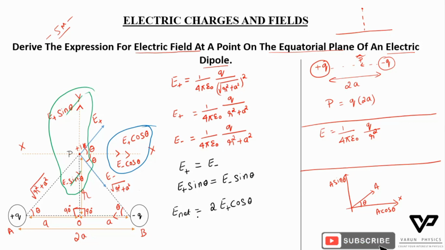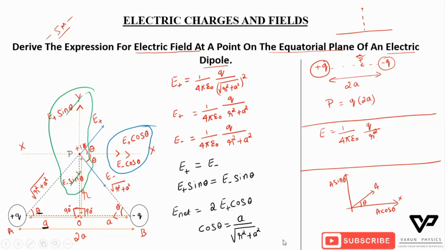Since we know the value of E plus, we can write cos theta is equal to adjacent by hypotenuse. Adjacent side is given by, since this is theta, adjacent side is A divided by hypotenuse, which is given by root of R square plus A square.